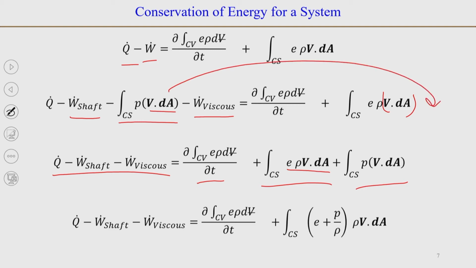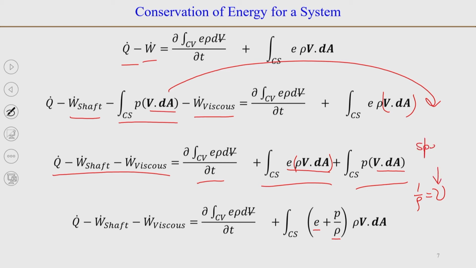Now, if we combine these 2 terms, taking rho and V dot dA outside the bracket, then we will have e plus P over rho. We can also write this using 1 over rho, if you remember from thermodynamics, which is called specific volume.